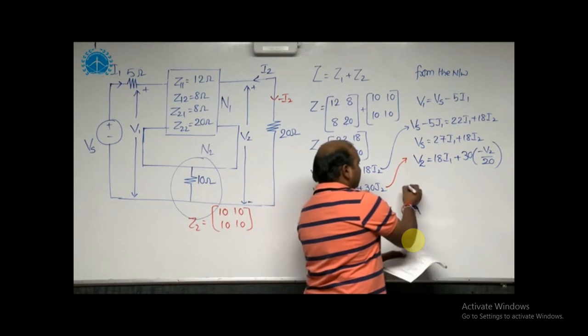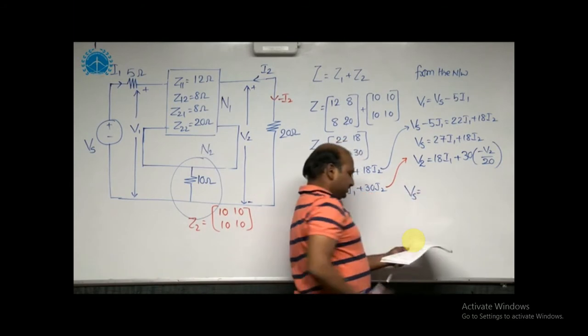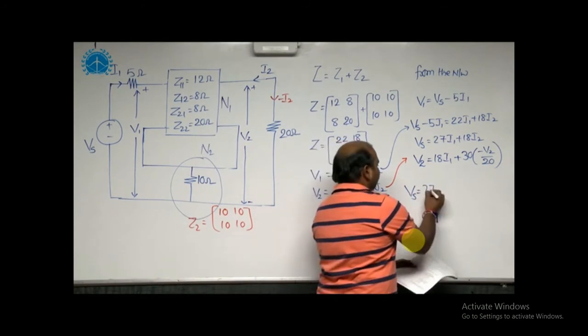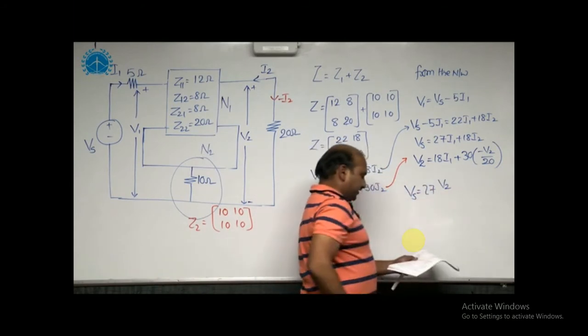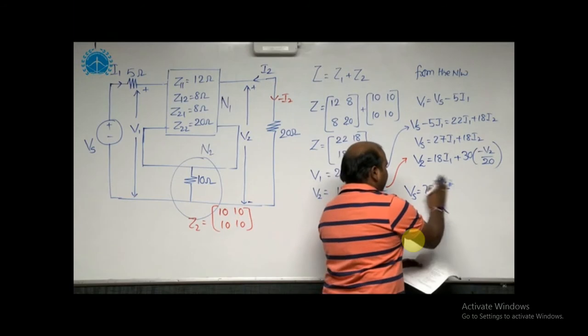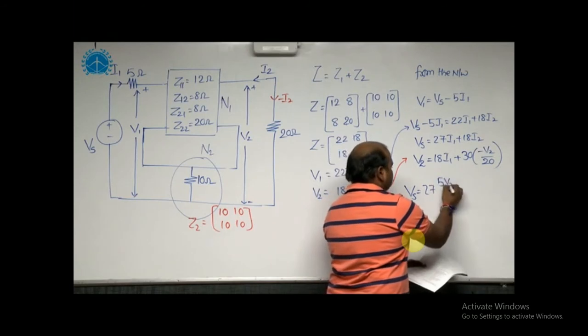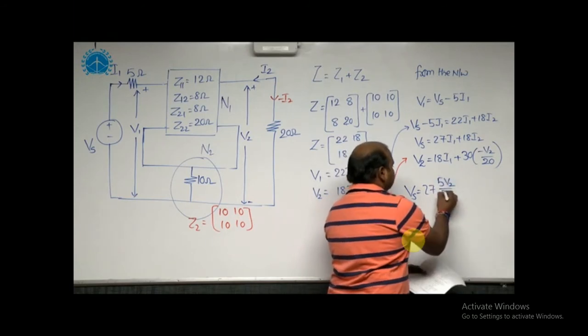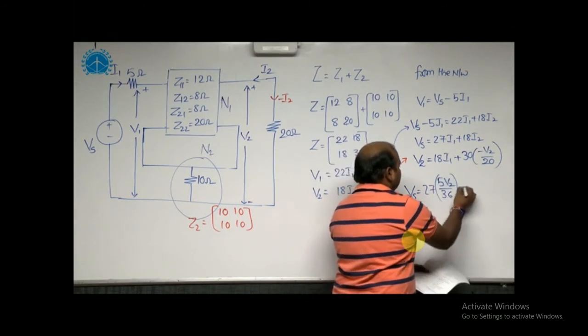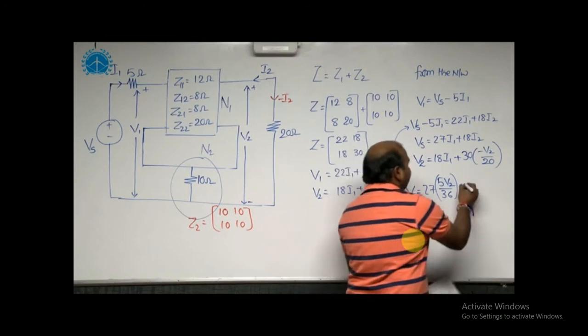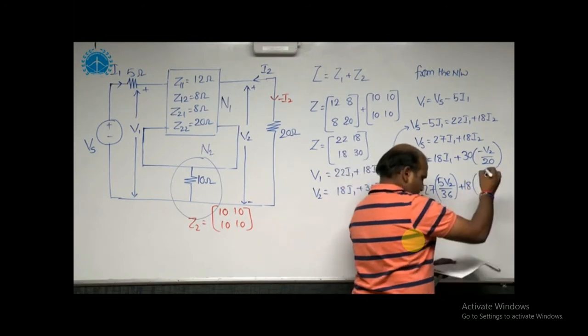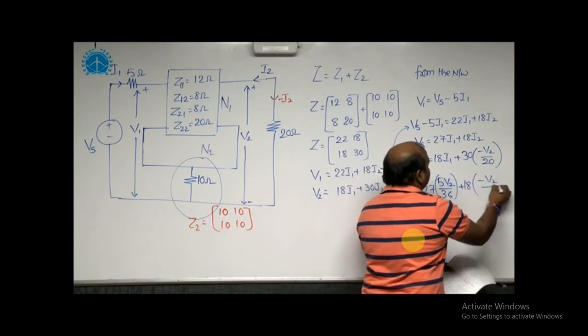Vs is equal to, finally, 27 times V2 by 36 plus 18 times minus V2 by 20.